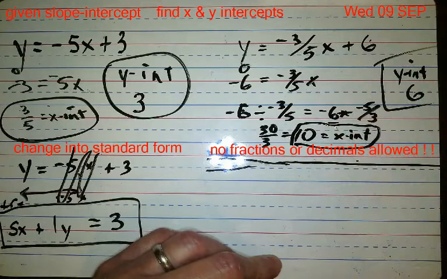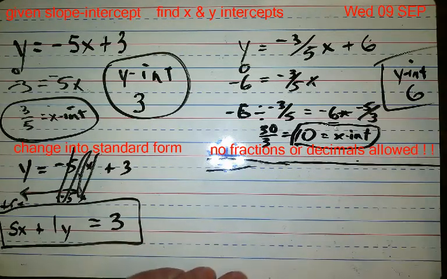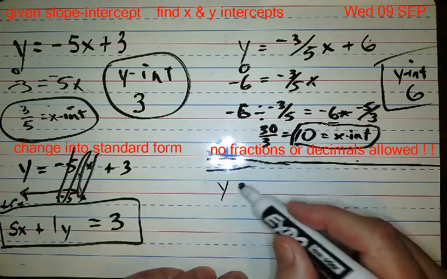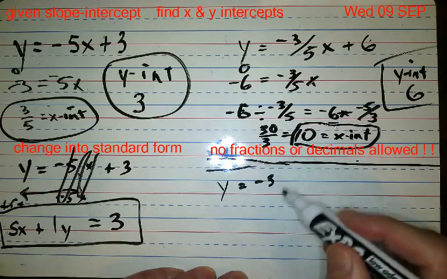So that's what we got. 10 is the x-intercept. And y, 6 is the y-intercept. So if we wanted to graph it, we just go out to 10, up to 6, draw the line, right? Okay, so now the tricky part, I guess, for some people is to write it without fractions.